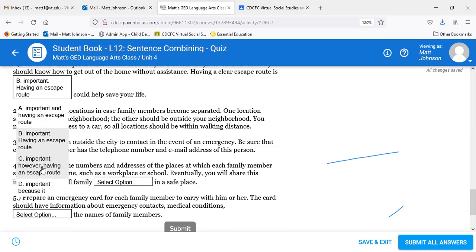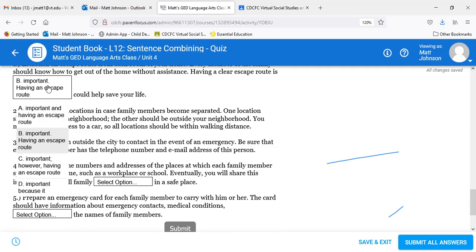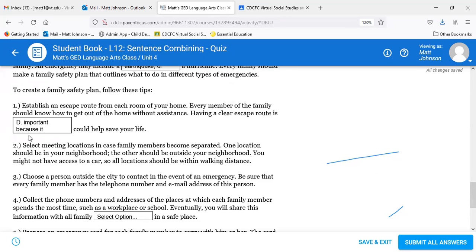The C kind of adds contrast when you don't need it, because you're making the point that you need an escape route. And then you would also need a comma to use D. So in this case, I don't really like that example because, I'm sorry, wait a minute. No, it is D. Having a clear escape route is important because it could help save your life.